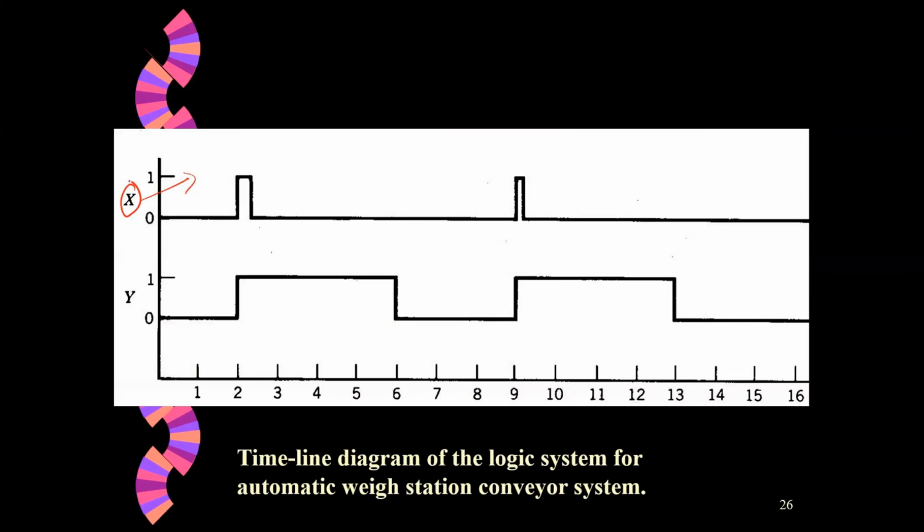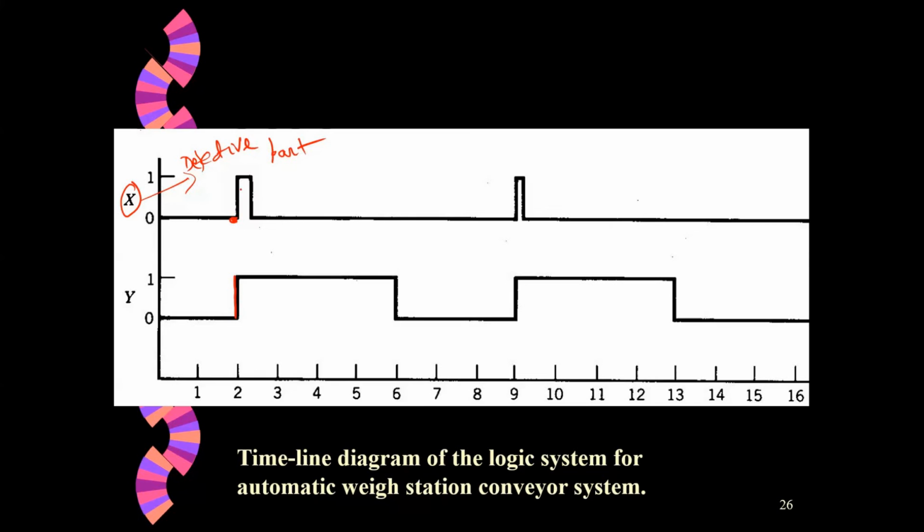Okay, so let's assume this variable x represents a defective part when the trap door has to open. So here a defective part was triggered. So what should happen? The trap door should open right away.